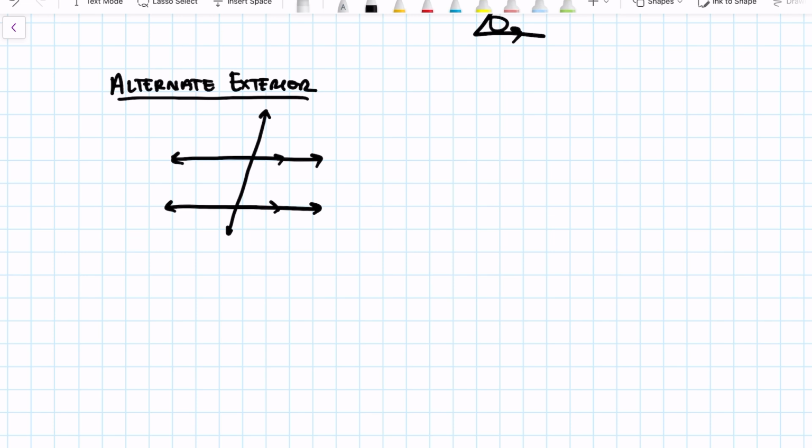Now, exterior angles will be, let's have angle H, I, and then J, and then K. So exterior angles equals angle H, angle I, angle J, and angle K.